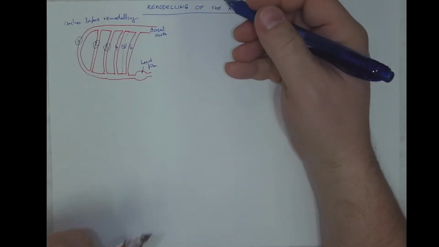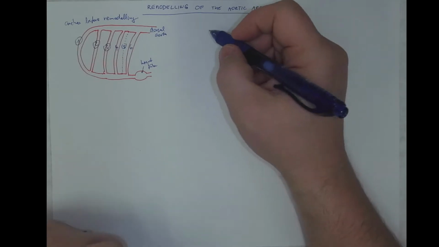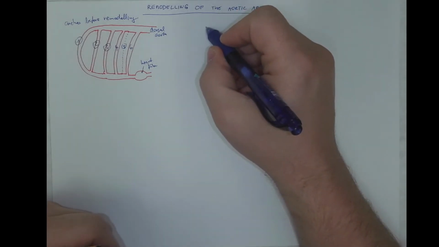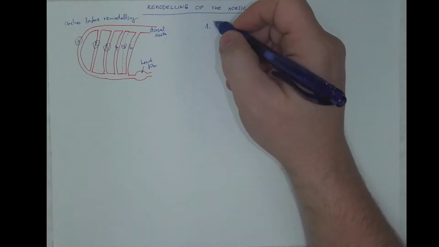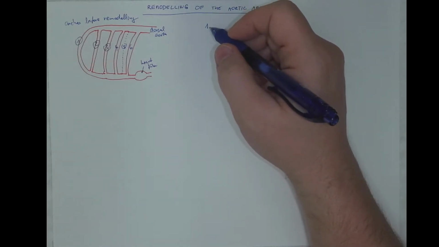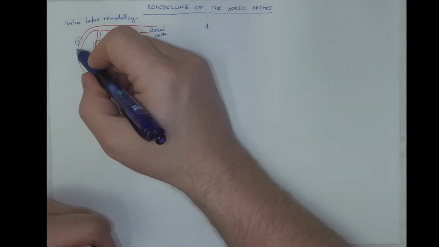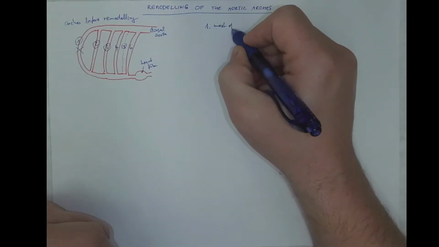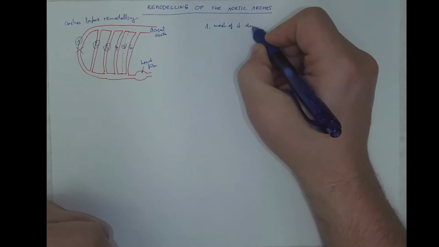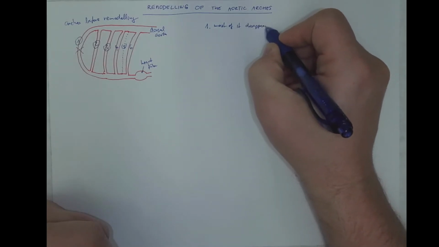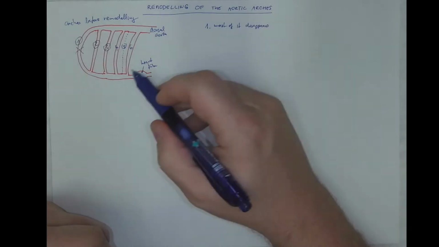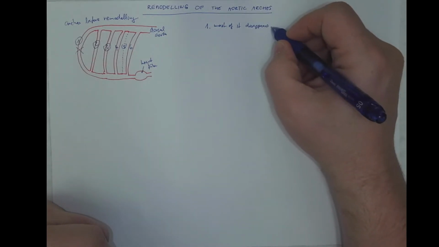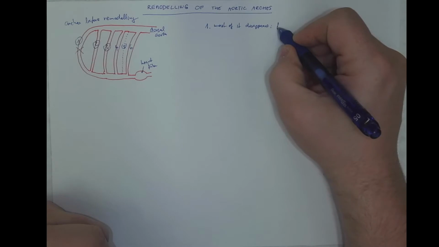Now the first arch gives rise to... Most of it disappears. However, the artery that persists is known as the maxillary artery.